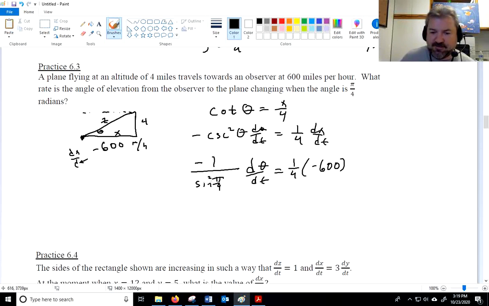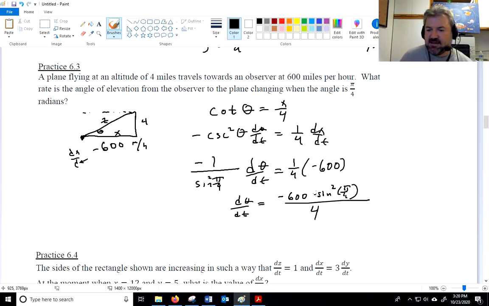All right, multiply both sides by sine squared of pi over 4. So I have d theta/dt is equal to negative 600 times the sine squared of pi over 4, all over 4. And it turns out that was a negative 1. The negatives canceled.